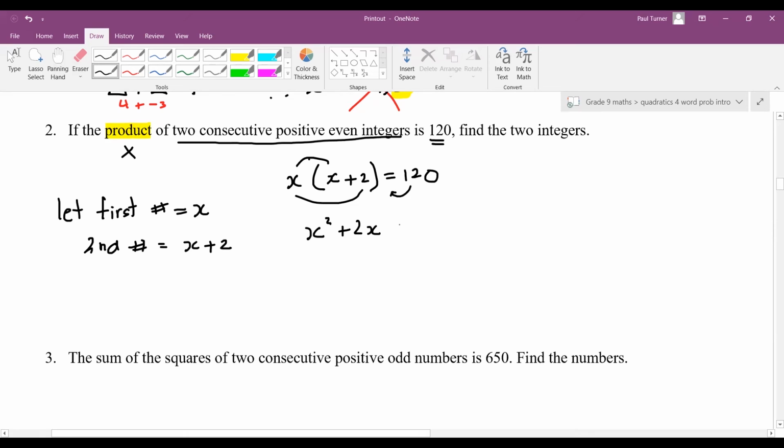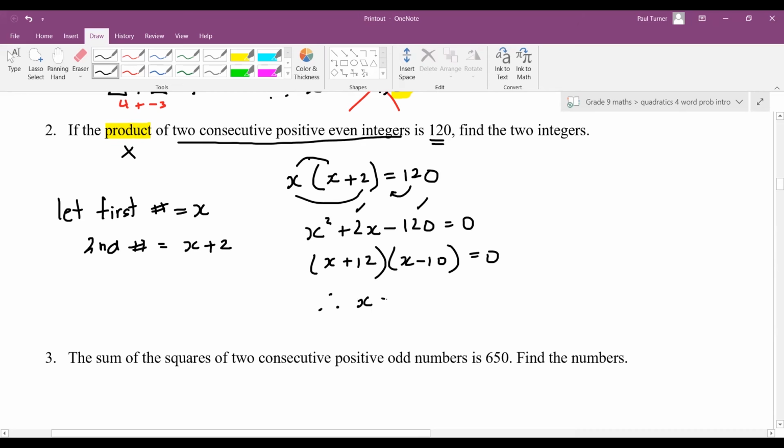Bring your 120 over, minus 120 equals 0. I factorized that and got x plus 12, x minus 10 equals 0. So 12 times minus 10 is minus 120, and 12 minus 10 is 2. So these are your correct factors.